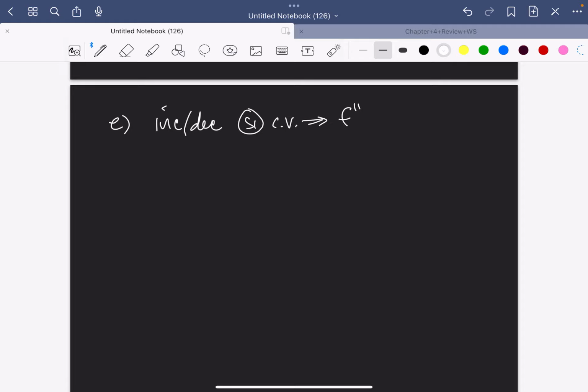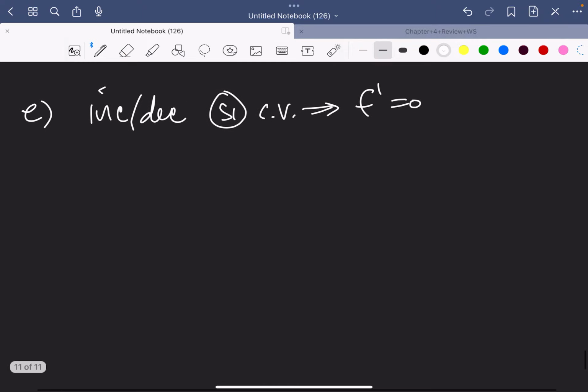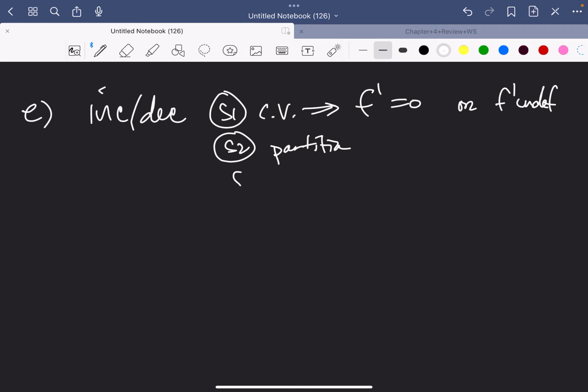It's going to be step 1, where the derivative equals 0, or the derivative is undefined. Step 2 is going to be to partition. Hopefully you know this by now. Step 3 is going to be to chart. We do it the same way every time so that hopefully it sinks in.